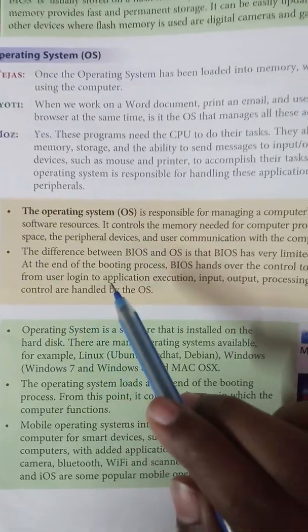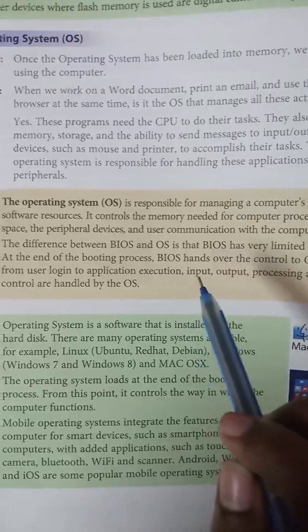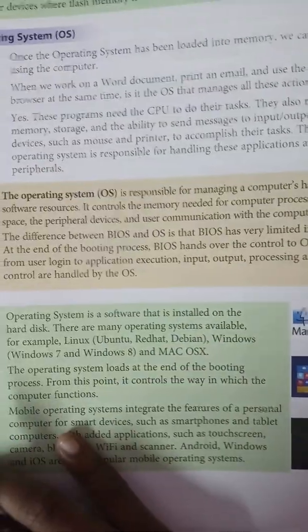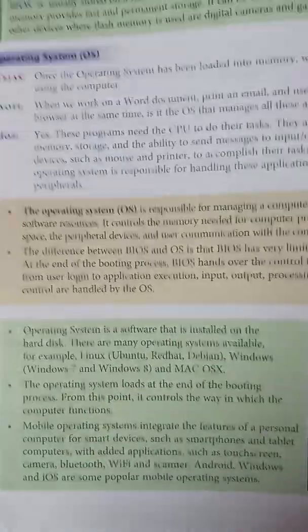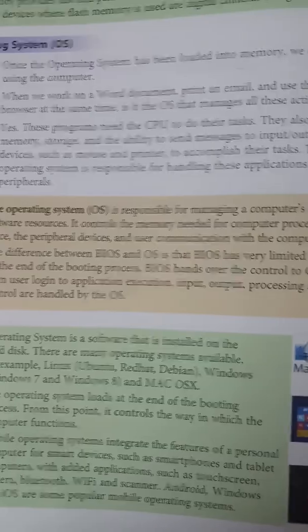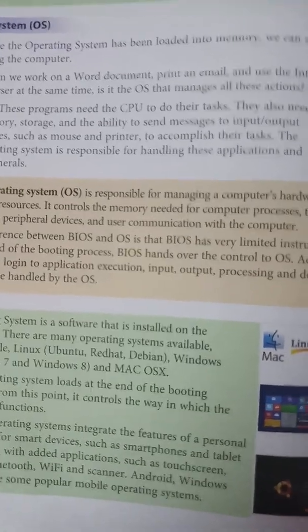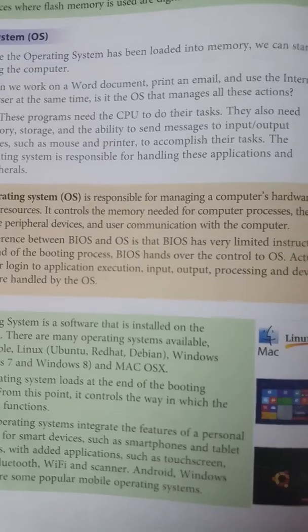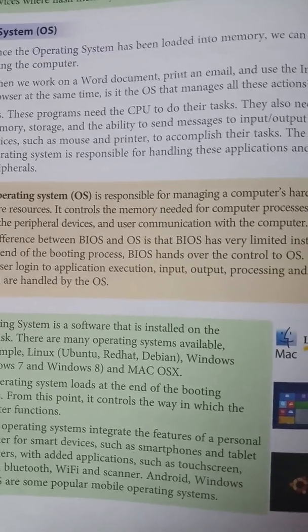Then actions from user login to application execution, input, output processing and devices control are handled by the OS. So once we install the BIOS, it will hand over all the work to the OS. Then the OS only needs to handle all the input-output devices, execution processes, applications and processing also.